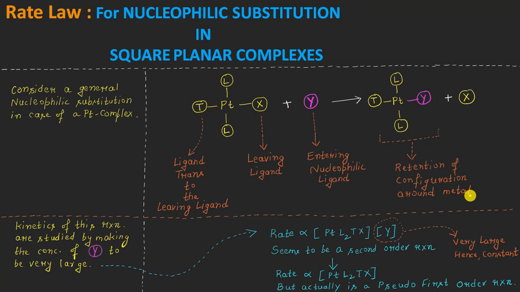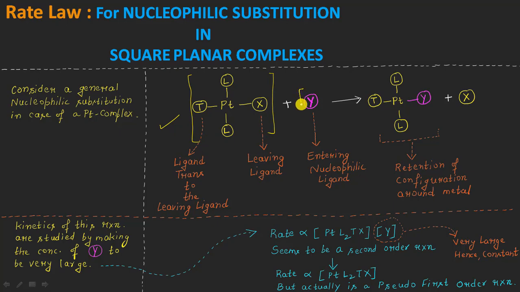And after that the kinetics of this reaction can be studied by making the concentration of the second reactant molecule very large, right? So you can see that we have the concentration of the first reactant molecule, this one here, and then we have Y, that is the entering nucleophilic ligand.